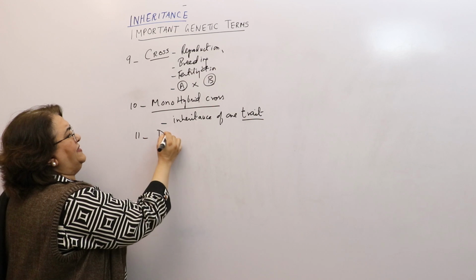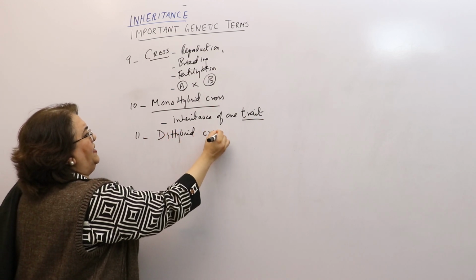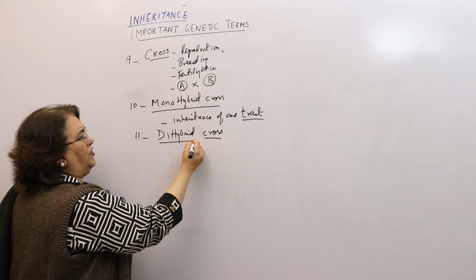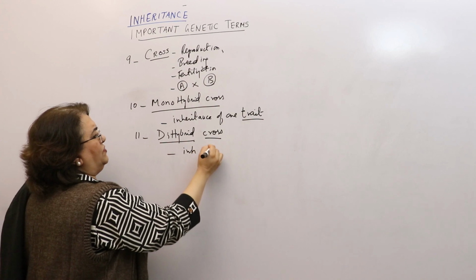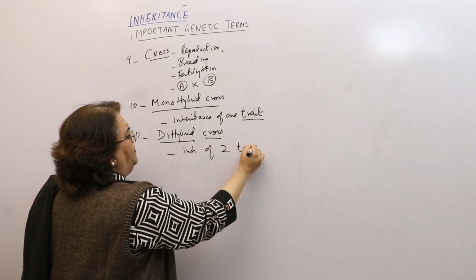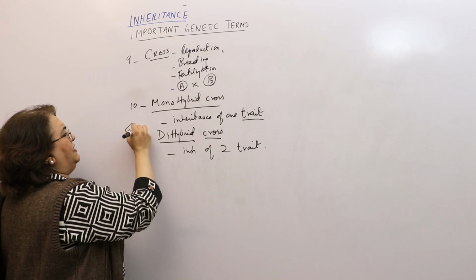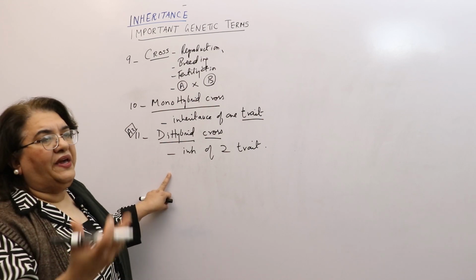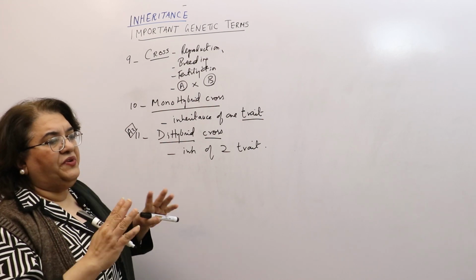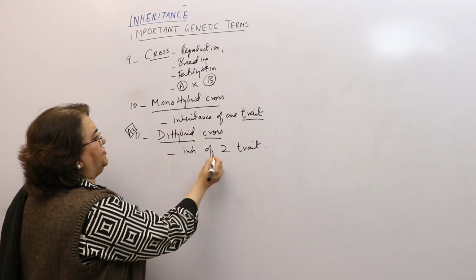Another one is dihybrid crosses. Di means two, hybrid means a cross, so a dihybrid cross means the inheritance of two traits. This is not in O levels, but it will come in the A2 syllabus in A levels biology. There are also trihybrid crosses, where we take three traits and study the probability of them being passed on to the next generation, right?